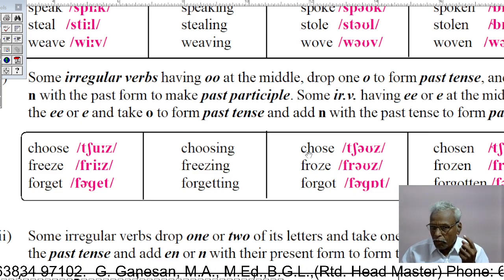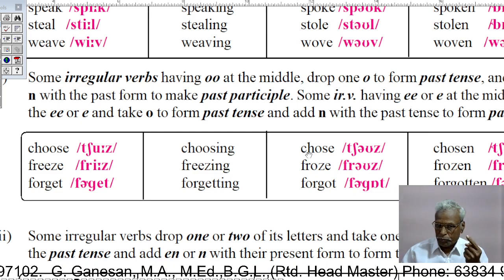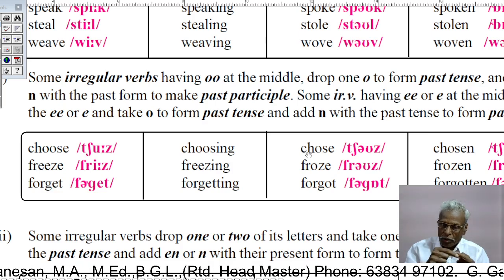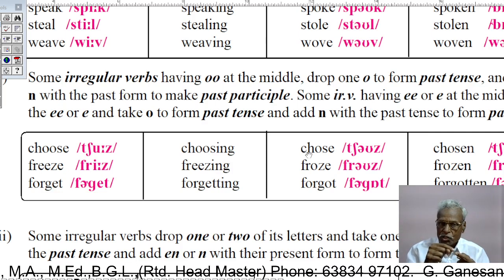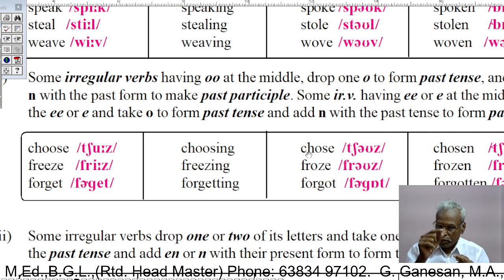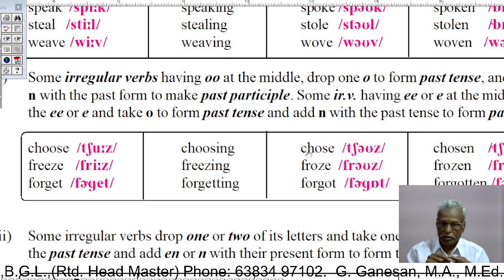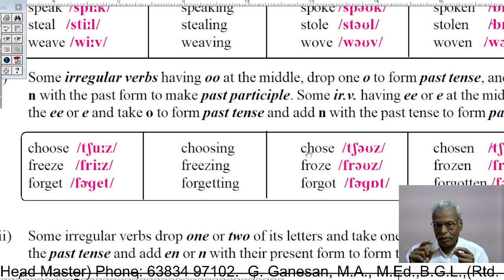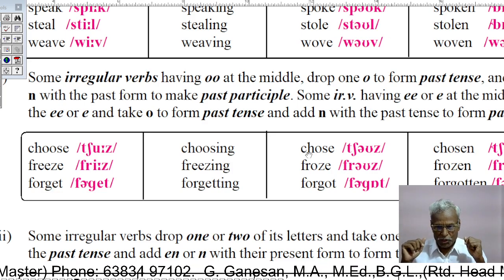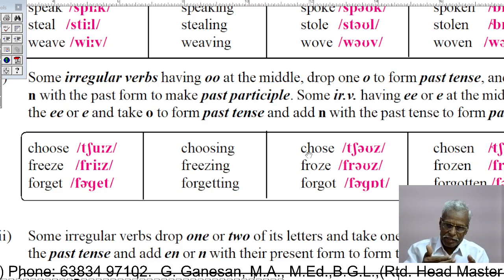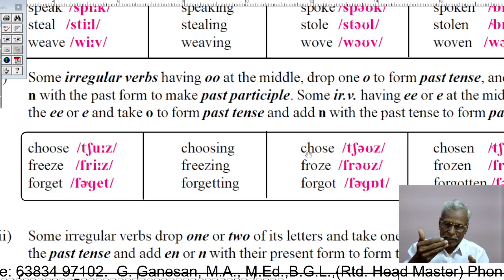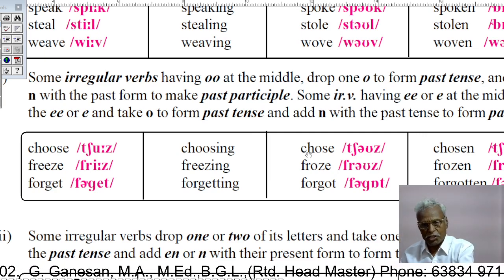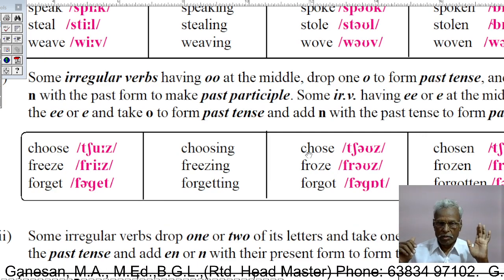Similarly, irregular verbs having only one E in the middle, that is at the stressed syllable. Drop the E and take O to form their past tense, and it takes EN in addition to the last consonant to form its past participle.